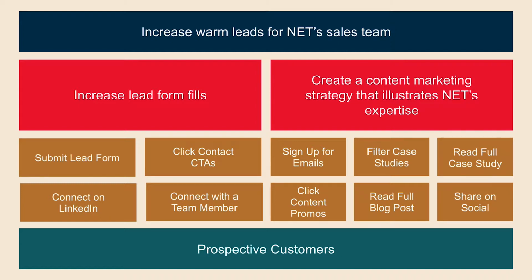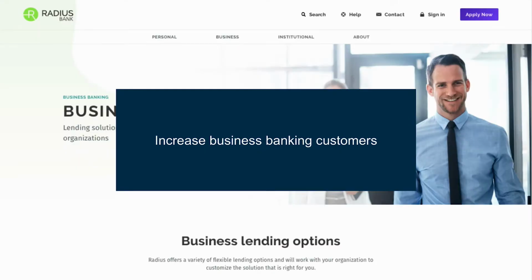So we have our overall goal of increasing warm leads, which on the website translates into increasing lead form fills and also supporting that with a content marketing strategy that shows that they're experts in their field. All these items in gold here are KPIs, so those are the actual metrics that we would set up as events or goals on the site. So that's just a reminder of Net's measurement plan.